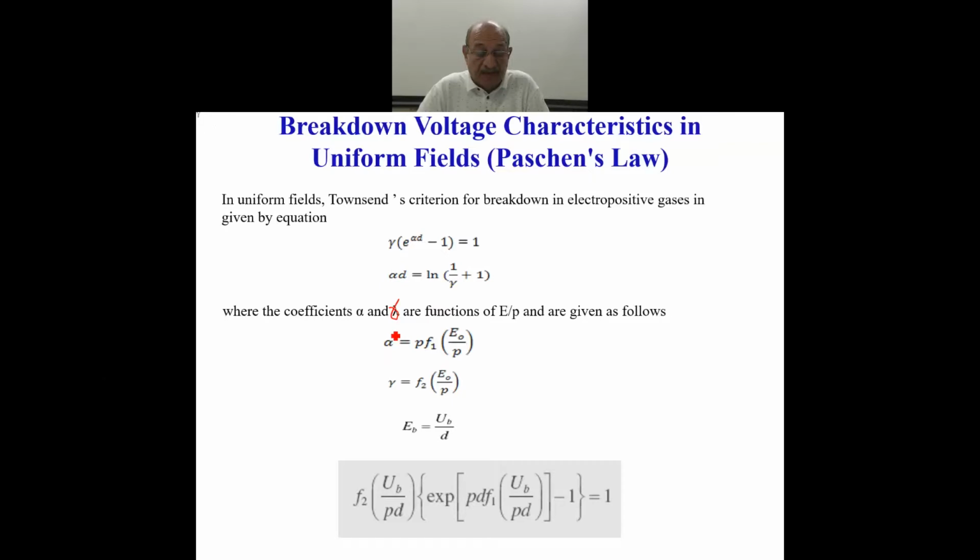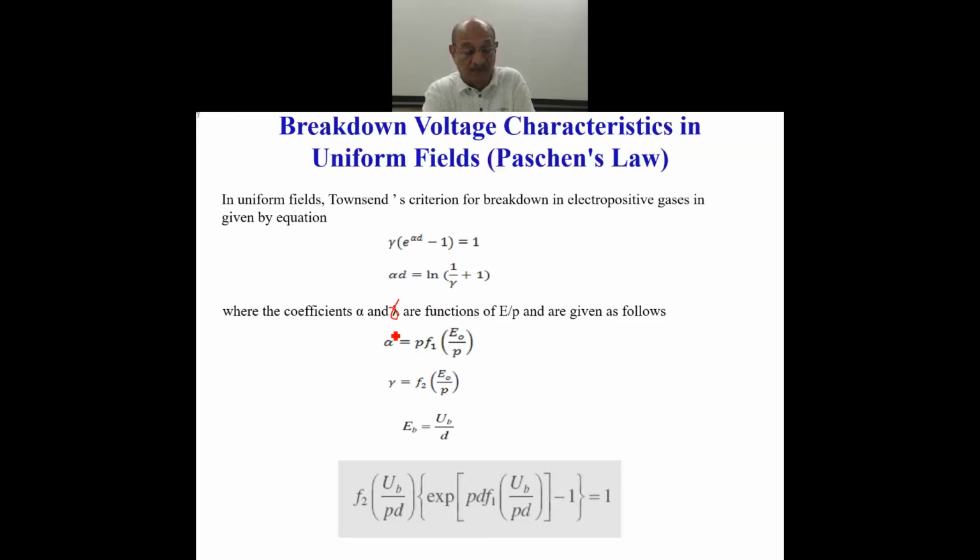And when we are trying to derive an equation for the breakdown in uniform field, EB, the breakdown field intensity required in uniform field, will be equal to UB, that is the potential applied upon the gap distance because of the uniform field.